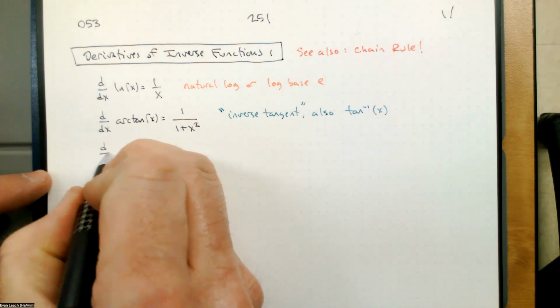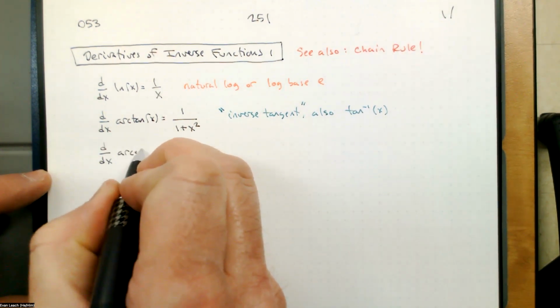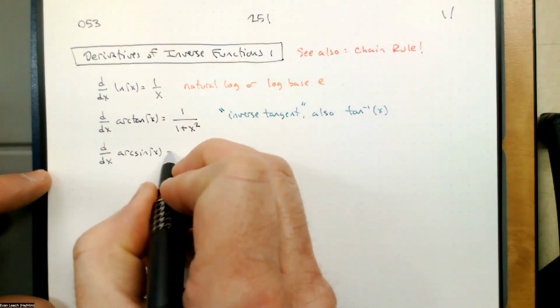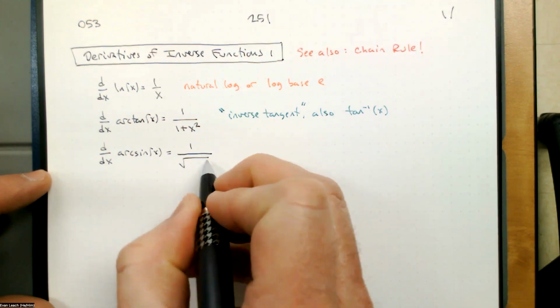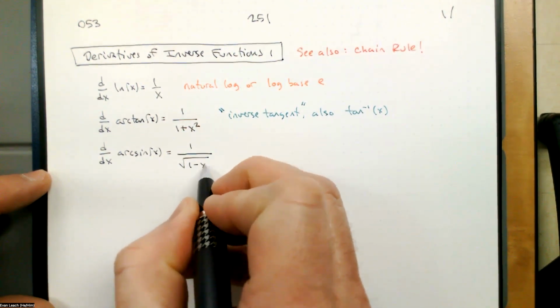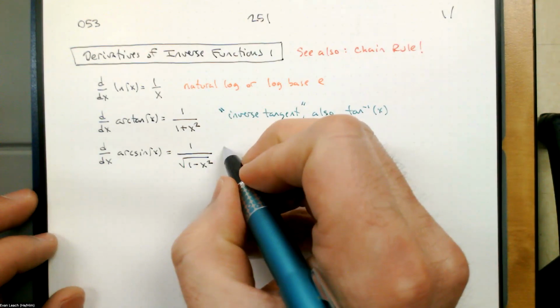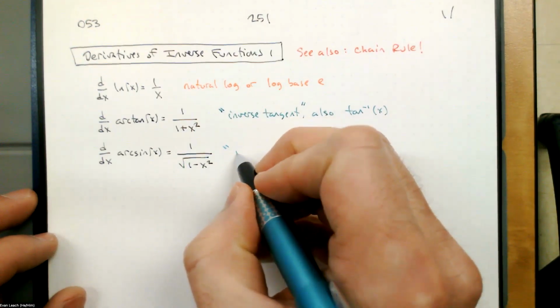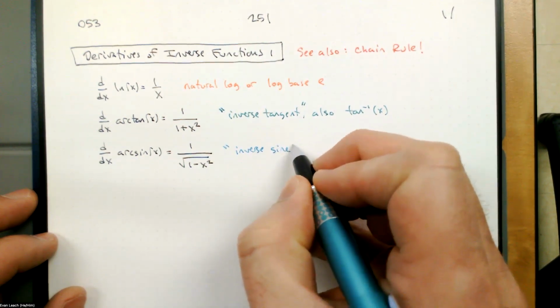Another one that we need to know, the derivative of arc sine, is 1 over the square root of 1 minus x squared. Arc sine or inverse sine. So we'll pronounce that as inverse sine.